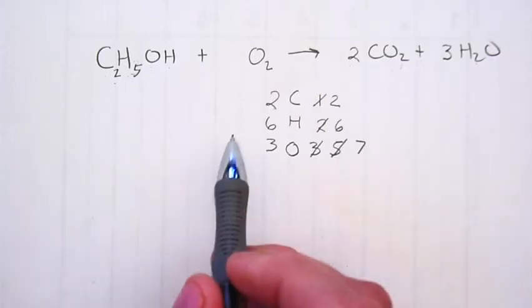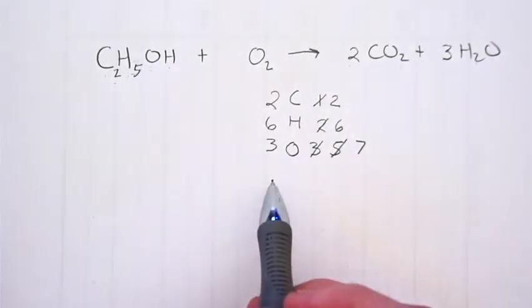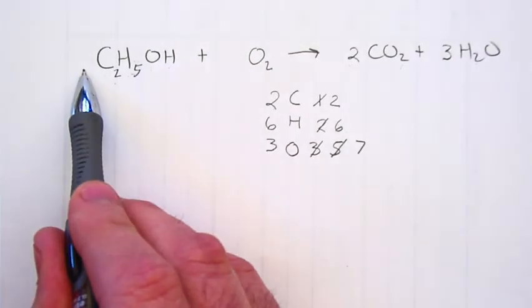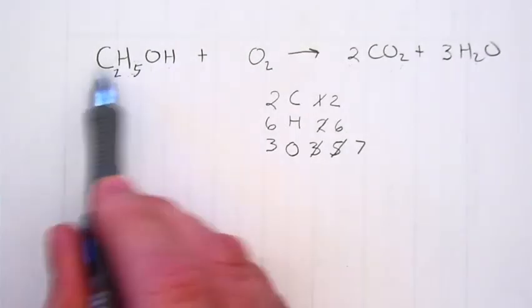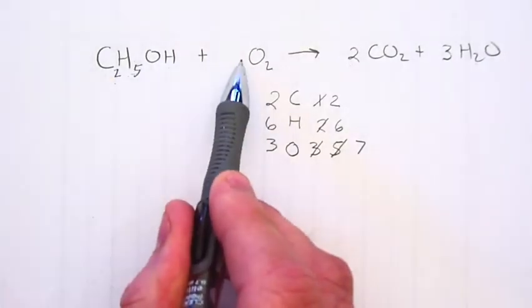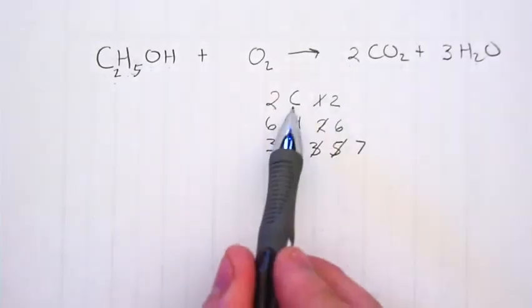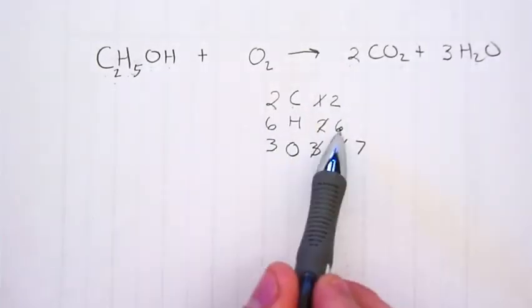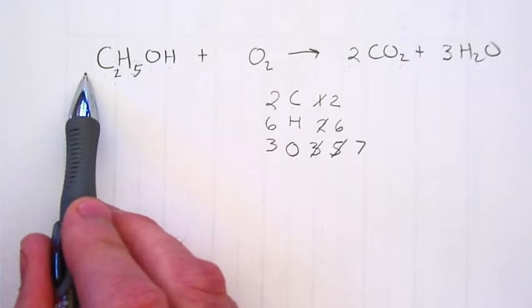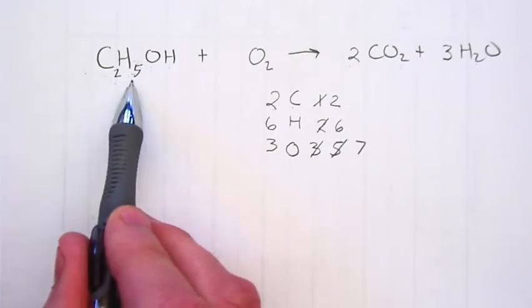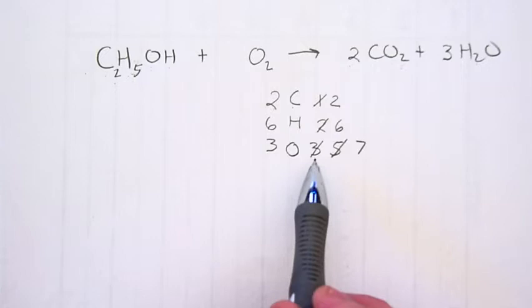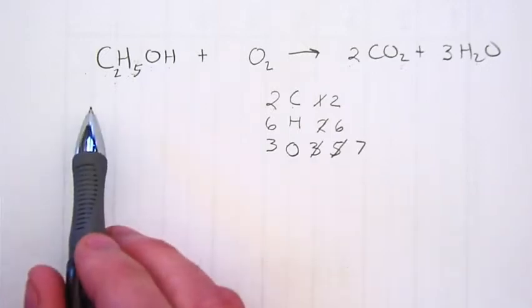Now, on the left, we have a choice. We can put a number here to give us more oxygens, or we can put a number here to give us more oxygens. Since the carbon and hydrogen are already balanced, and putting a coefficient there would throw the carbon and hydrogen out of balance, we are going to want to avoid that if at all possible.